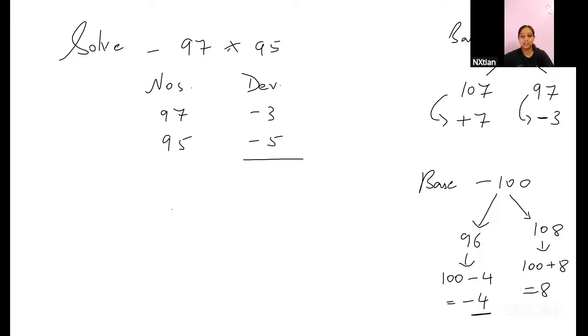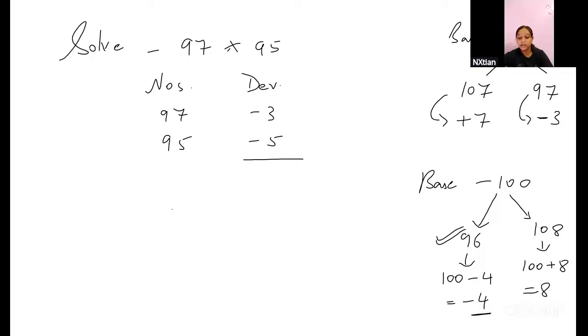Why do I write minus in the deviation? That is what I'm explaining. Because we are subtracting the deviation from the base to obtain the original number. Why not just write 4? No, we will not just write 4 because 4 is positive.